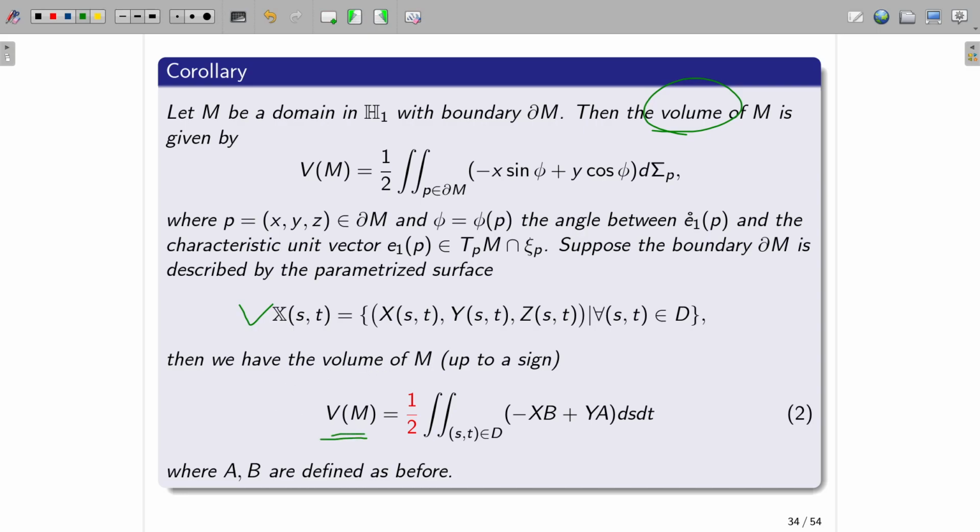The volume can be represented by the following, and here A and B are just the two ugly terms as we mentioned before. We point out that the coefficient in front of the double integral is very similar to the case in Euclidean space.